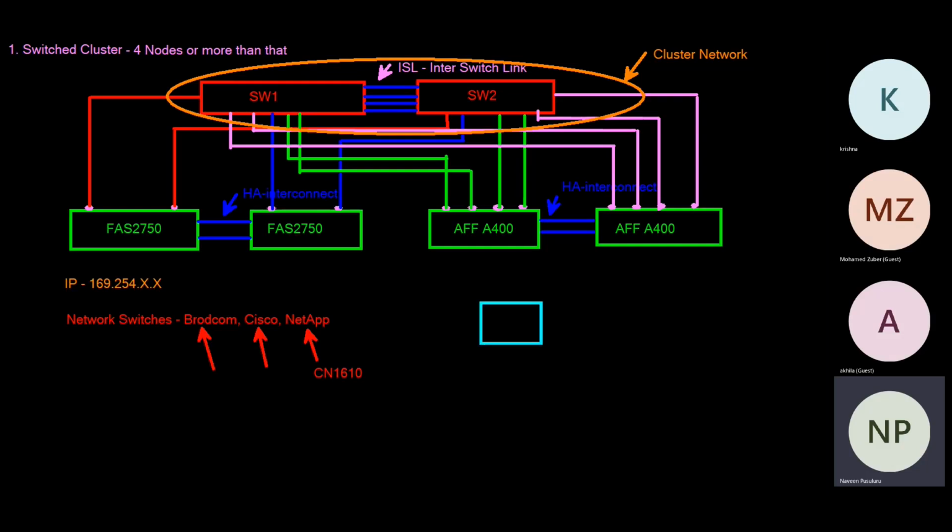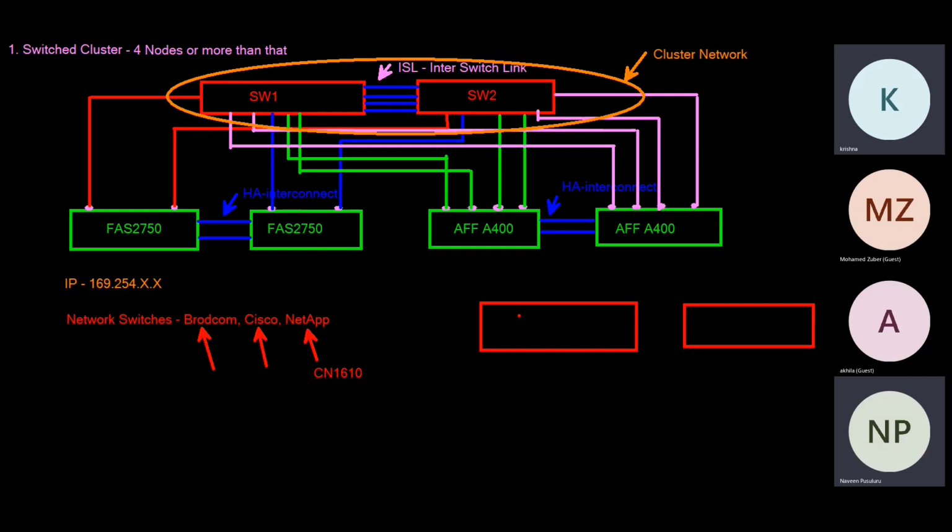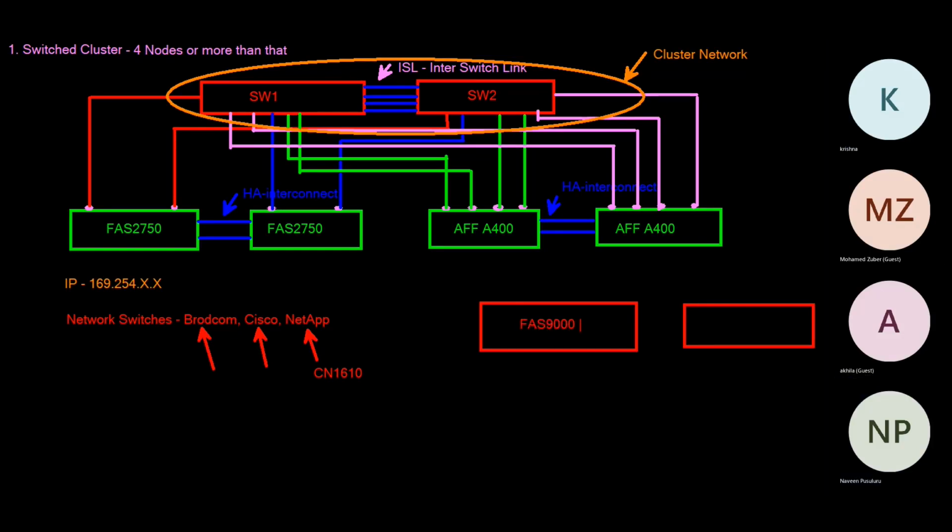For example, I have purchased another HA pair and now I want to add it to this cluster. Let's assume that this is my AFF 9000. This also will have 4 cluster ports. These cluster ports are pre-configured ports, which we have to use only for cluster connectivity to establish the communication between the nodes.